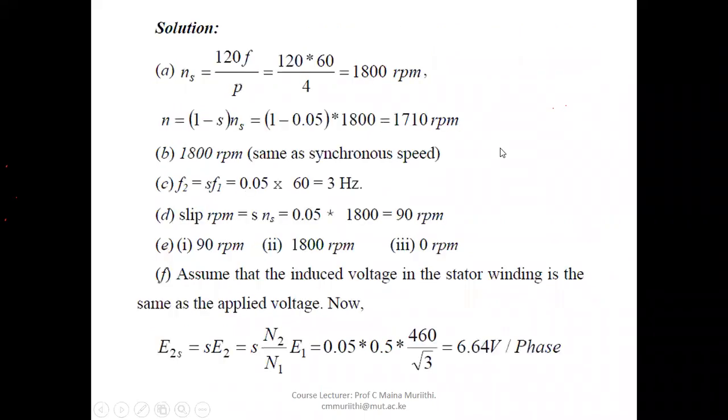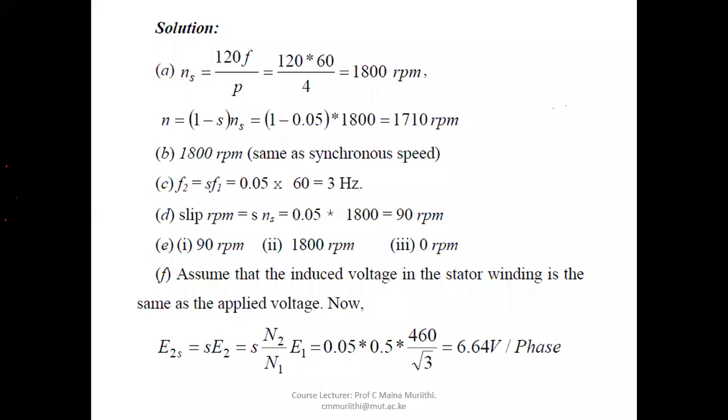So the first part is 120F over P, and we now can see the speed will be 1,800 RPM, and consequently the motor or rotor speed will be a slip less than that, which is 1710 RPM.